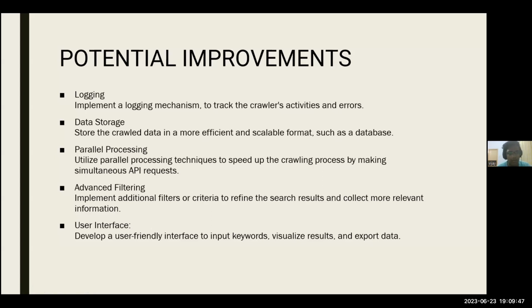And parallel processing: we can speed up the process by adding multiple crawlers so that we can search for multiple information. And advanced filtering, like most asked questions, and a user-friendly interface.